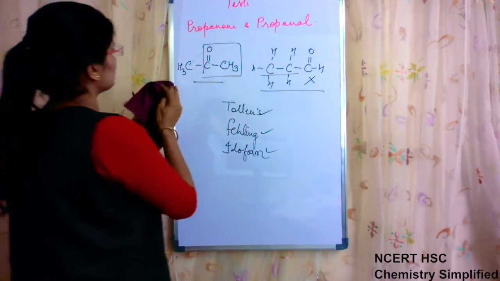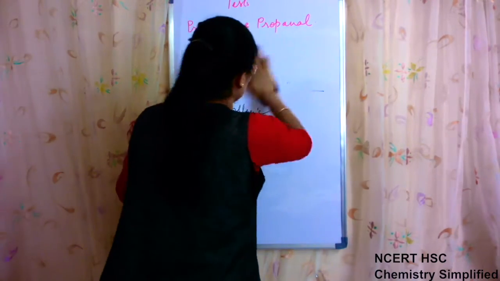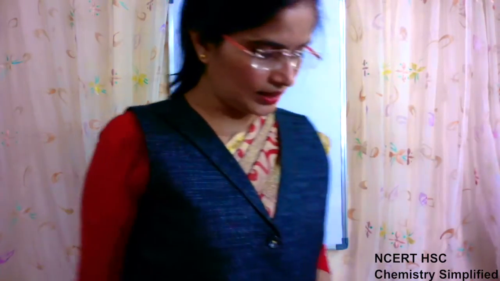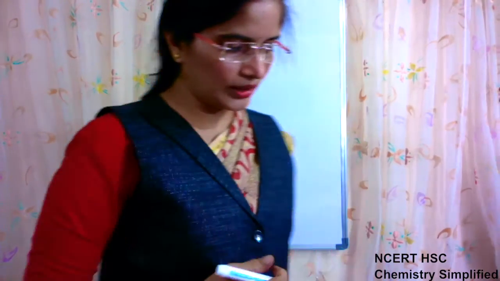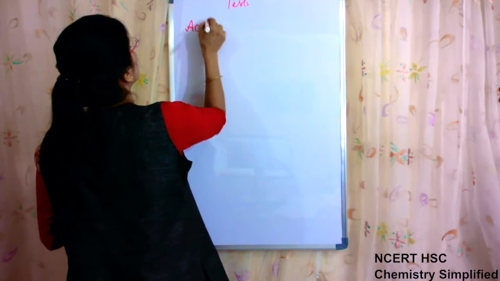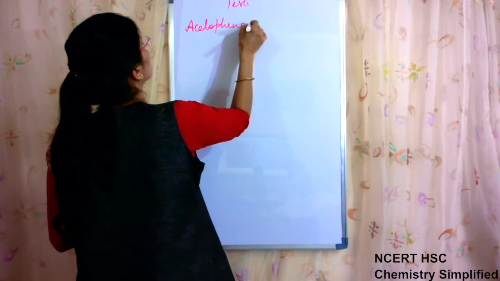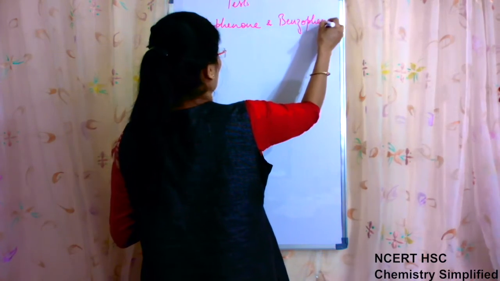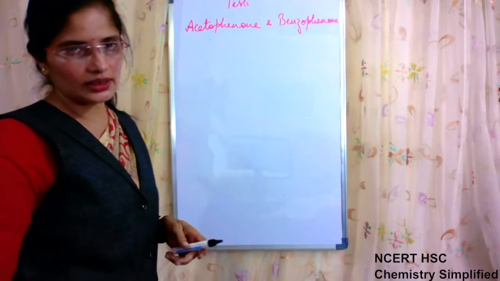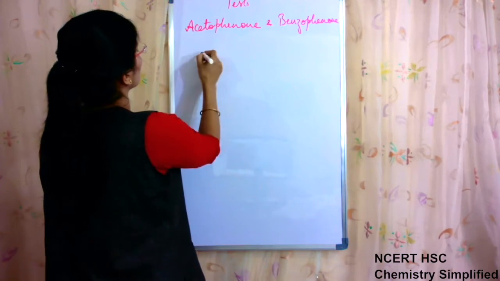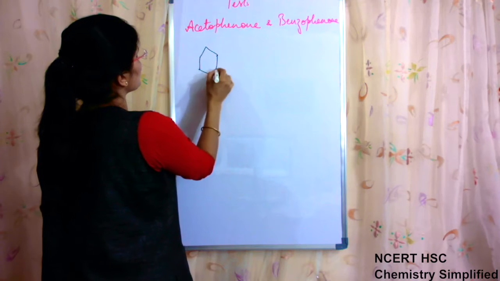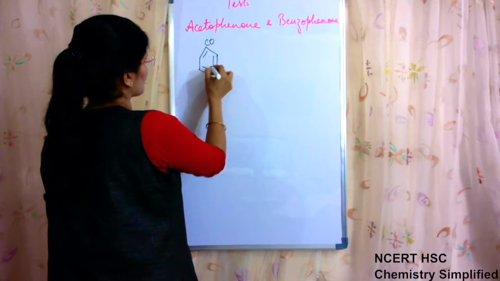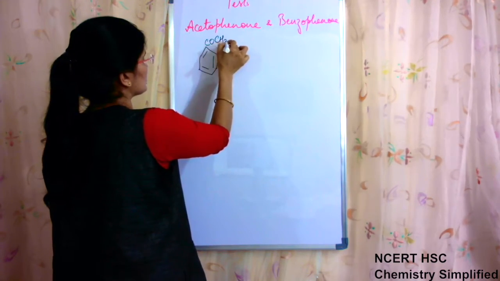Now, next compound. The second one, acetophenone and benzophenone. The first thing again is to write their structures. Acetophenone: aceto is there, that means a keto group, CO, is there. Phenone means a benzene ring is also there, and aceto is used for CH3.